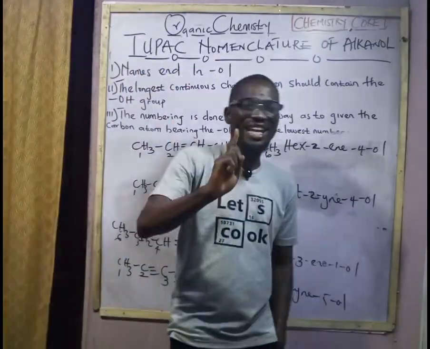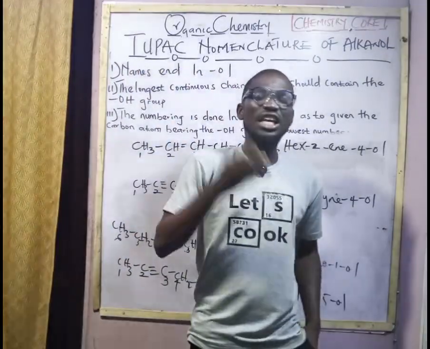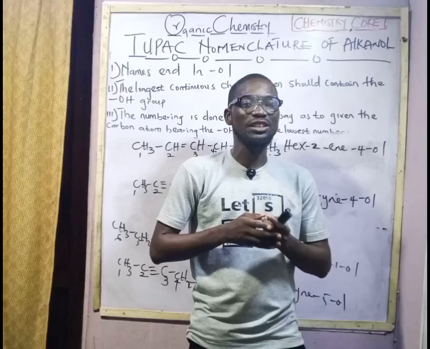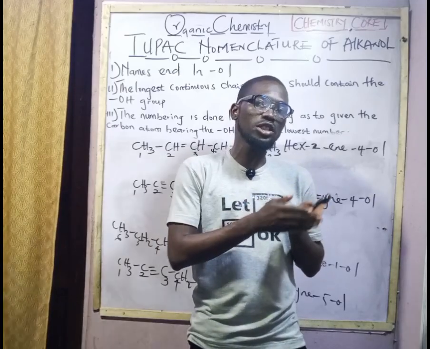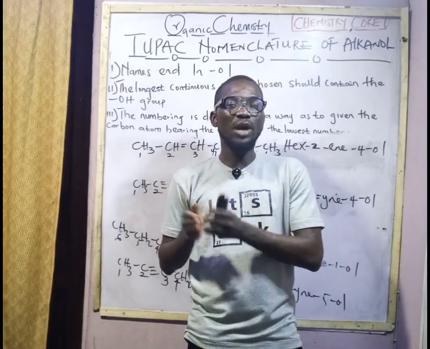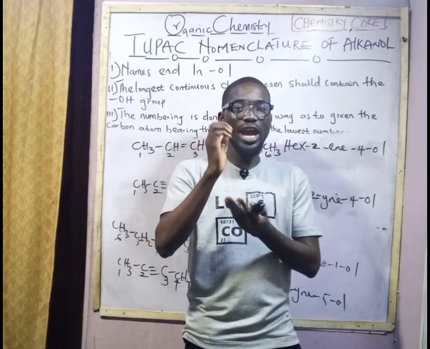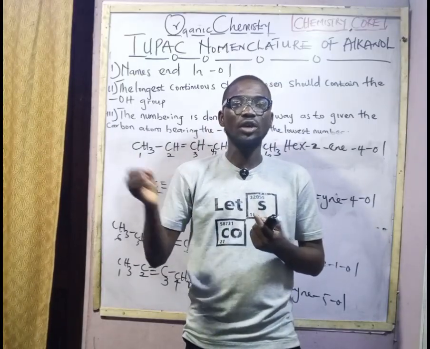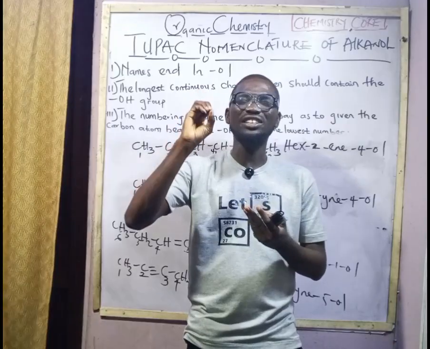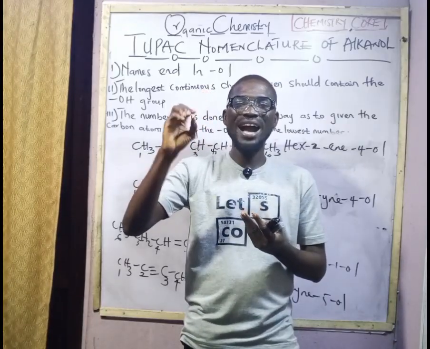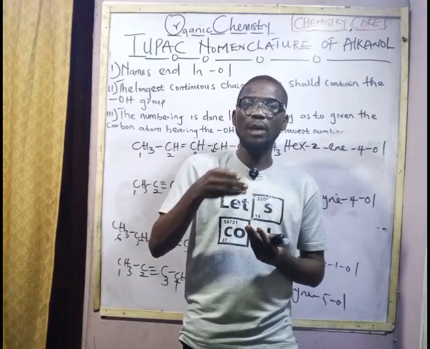OH. And the last one I may mention is if you are to name any compound that comes with both OH and a double bond or a triple bond, you will start the numbering from where you have either the double bond or the triple bond, and you pick the lowest number attached in between the double bond.